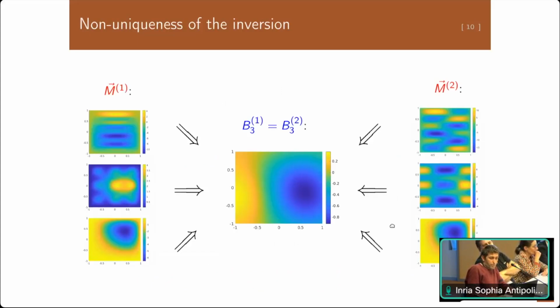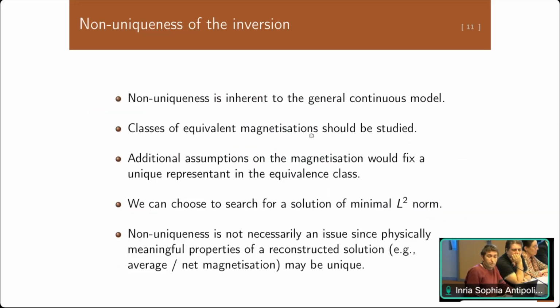Just to illustrate what I mean by this, suppose we have a magnetization vector on the left here, and it produces the field at distance h like this. But then we can also find another magnetization here on the right, and this magnetization vector produces exactly the same field. So from knowledge of the field alone, we cannot reconstruct uniquely the magnetization distribution.